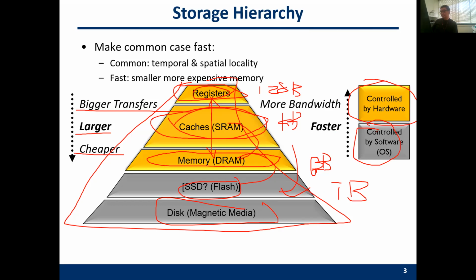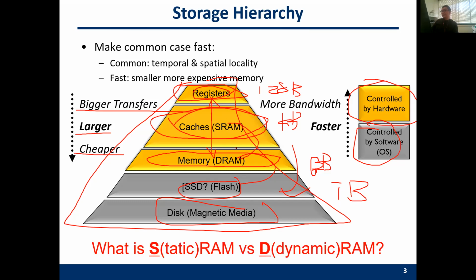For example, Linux. By modifying some Linux code, you can actually manage your SSD or magnetic disk. But you can never modify the cache, the main memory, and the register files.